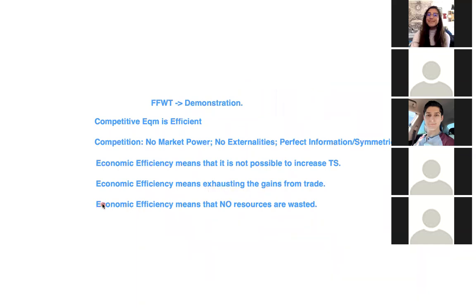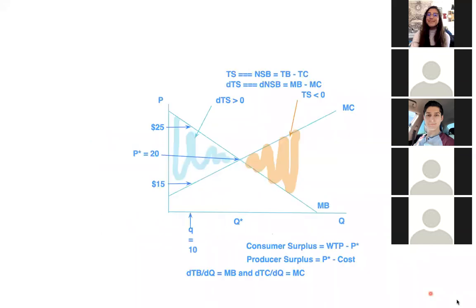The one other thing we didn't finish talking about, and I think we've got to wrap it up. So I'll just say this really quickly and then I'll answer your question, which is economic efficiency means no resources are wasted. What we mean by that is, thinking about it from a maximum Q going down to Q star, everything over here represents a waste of resources, because remember, resources are anything with an opportunity cost, but we normally break them into land, labor, and capital.